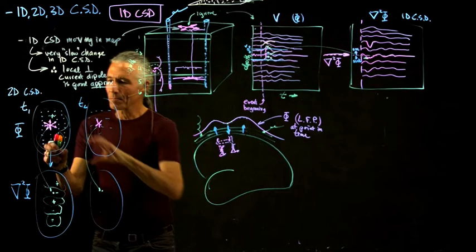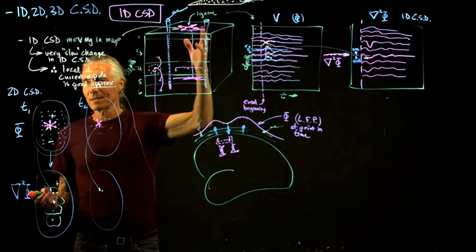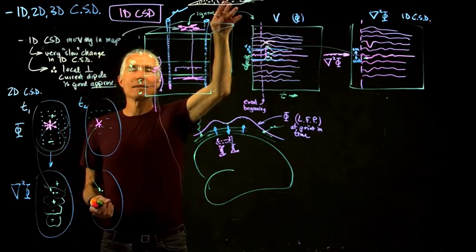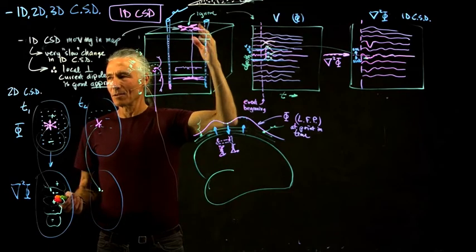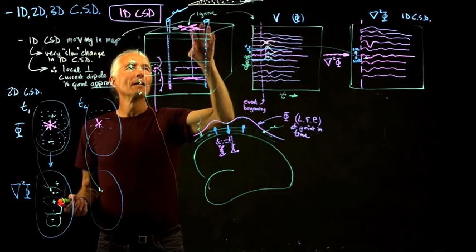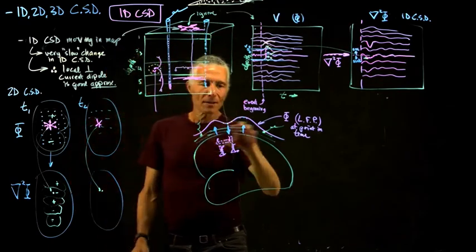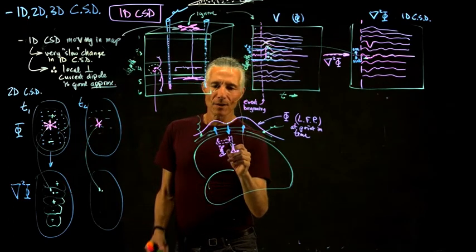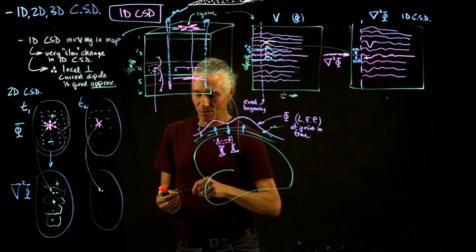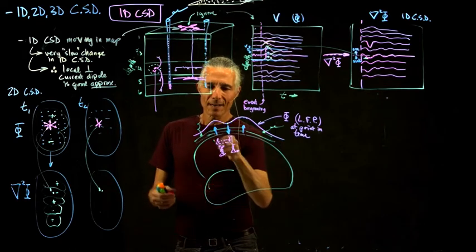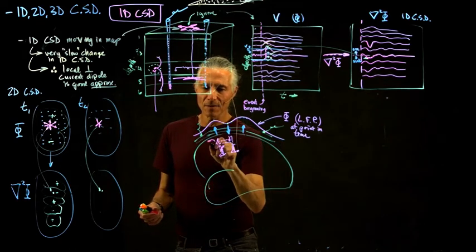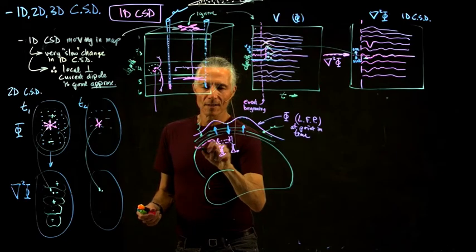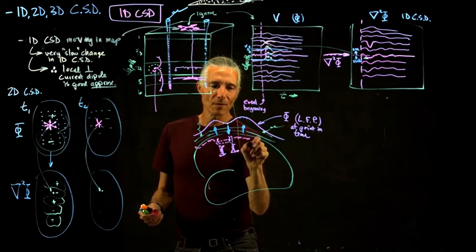Now, it's best if you do it on the cortex, but obviously with a human subject, you're probably not going to put a little grid of electrodes on the cortex unless you have an epilepsy surgery. But you can do the same thing on top of the scalp. And what's going to happen, of course, is that it's going to blur out, because some of these currents are going to prefer not to go through the high resistance skull, and so they'll flow some distance before they come out.